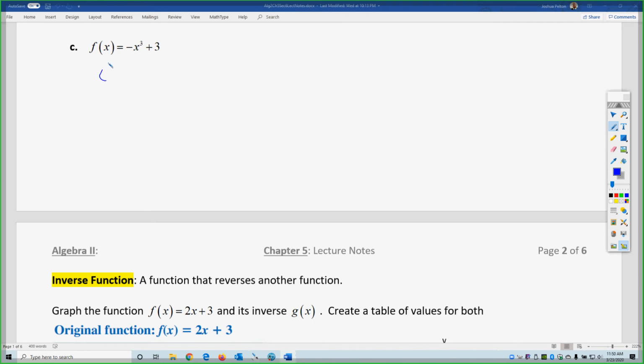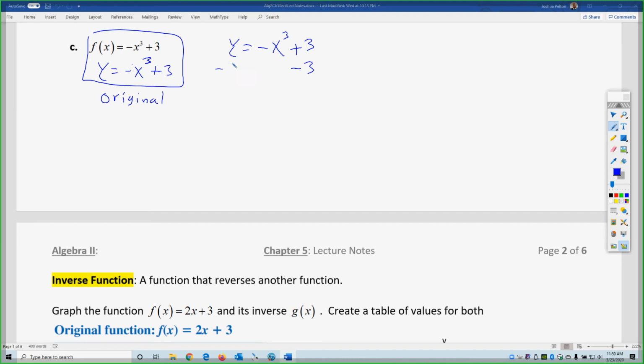So the original is y equals negative x cubed plus 3. There's the original, function and equation notation. So y equals negative x cubed plus 3. So add subtract step is minus 3. So y minus 3 equals negative x cubed. So next thing we need to do is multiply, divide, but that's really a negative 1, right?